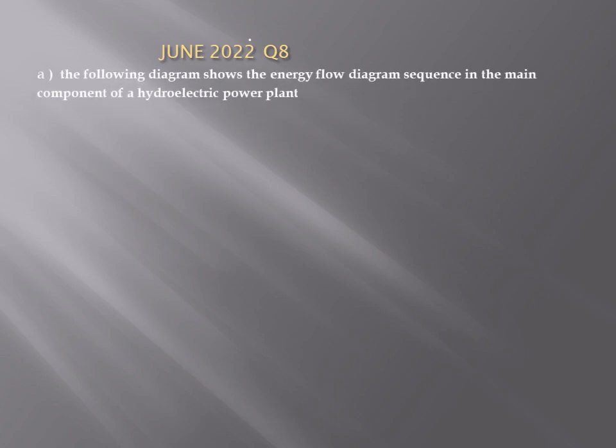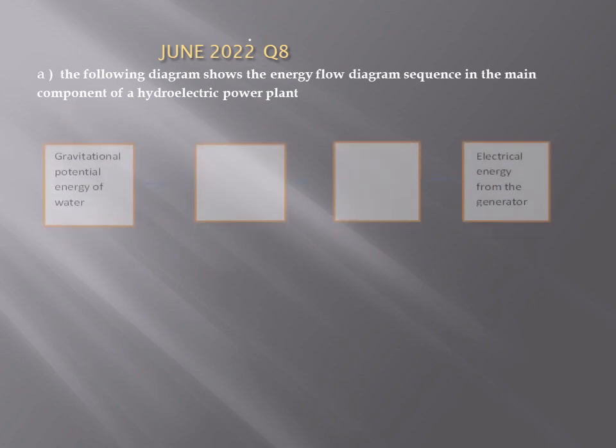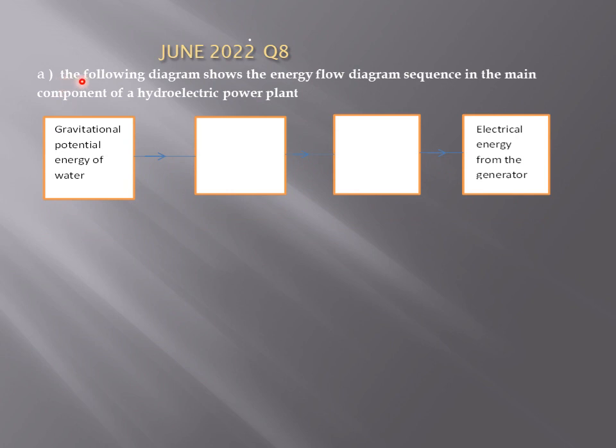We are going straight into the subject matter, and that is June 2022. We'll be looking at question number 8, question number 8A. It says the following diagram shows the energy flow diagram sequence in the main component of a hydropower plant.